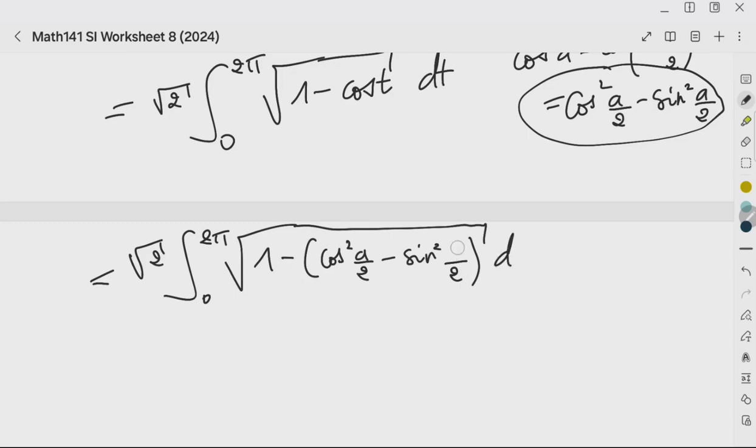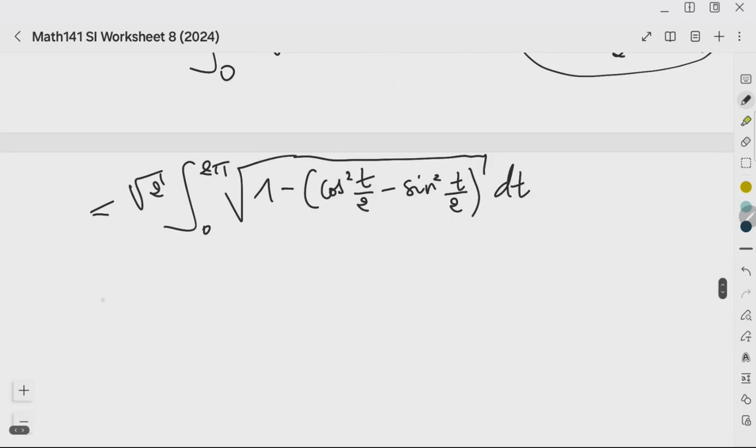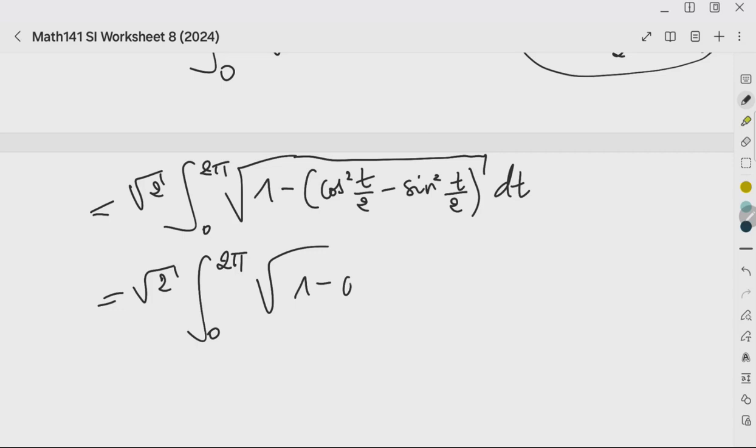Not a, should be t, sorry, dt. And let's simplify. We have the square root of 2 multiplied by the integral from 0 to 2 pi of the square root of 1 minus cos squared of t over 2 plus sine squared of t over 2 dt.